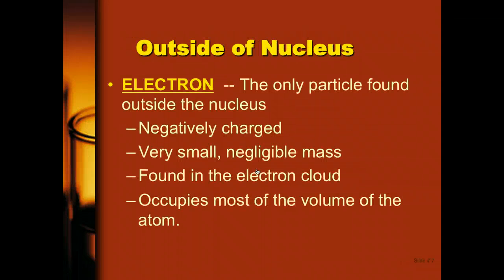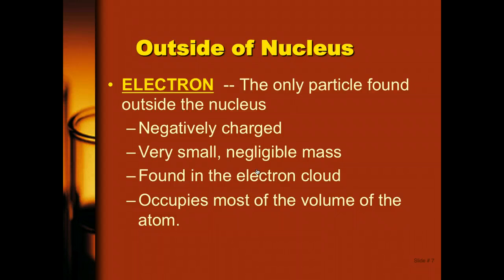Surrounding the nucleus, we have the electrons. Negatively charged, with very, very, very small mass, yet an equal amount of charge as the proton, only on the opposite end, so it's negative. And this is where we get all of the volume, the space of the atom.